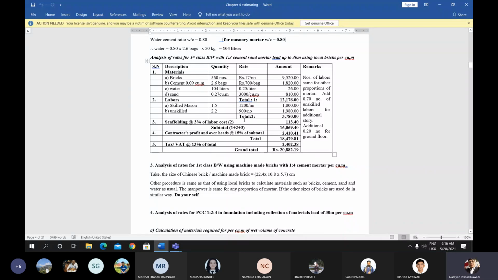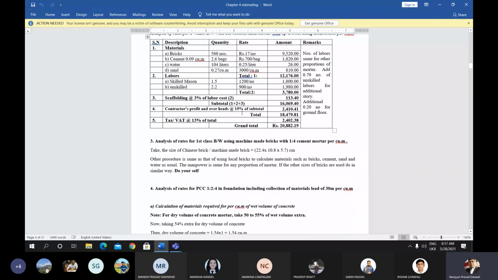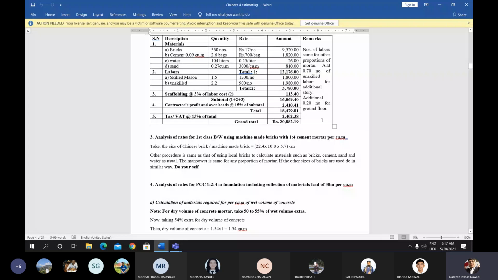And this value is added here. In the exam, you can do it in a similar way. I haven't mentioned the 0.20 number for the ground floor here because it is for scaffolding. This 3% of labor cost is used for the scaffolding material only. 0.20 number is added for the erection of the scaffolding.